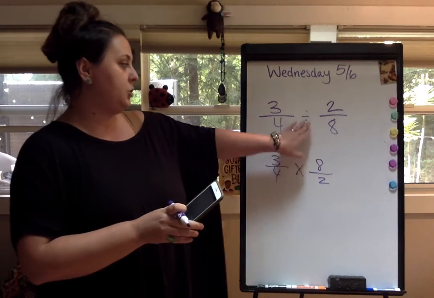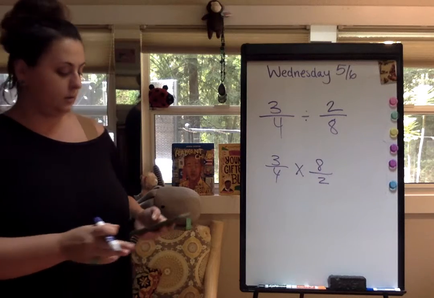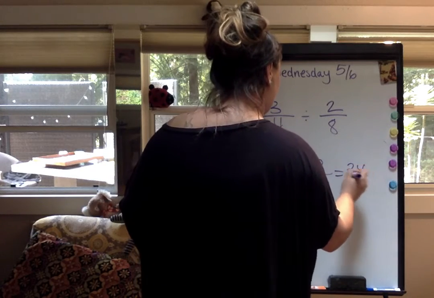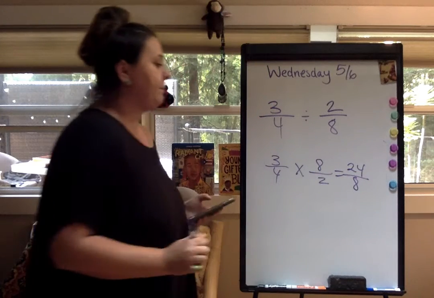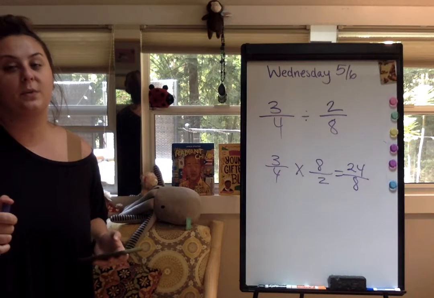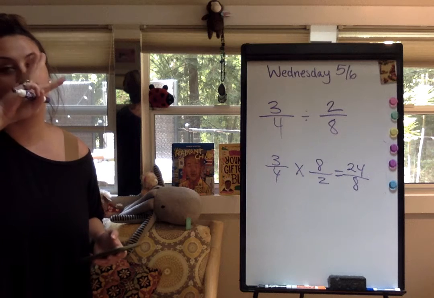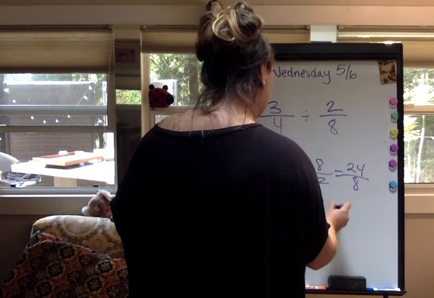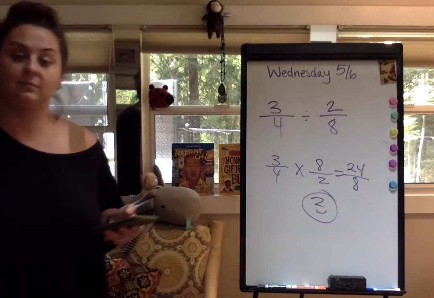Keep, change, flip. So that's going to be 24 and 8. How many times does 8 go into 24? 3 times. Done.